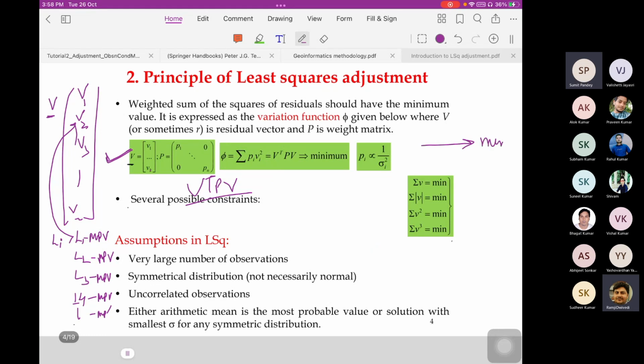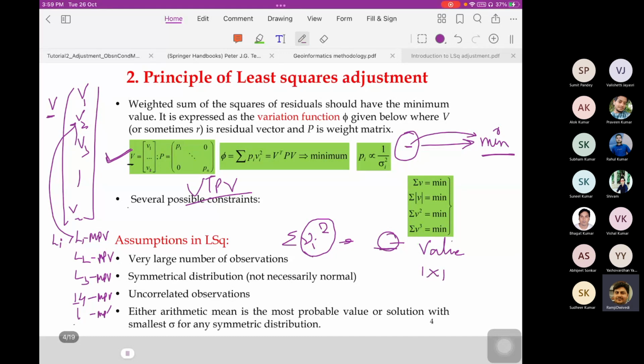When you write minimum in a function like this, you try to minimize a particular value that is coming out as a certain value, isn't it? In an iterative fashion, you want this value to be minimized. So when I say summation of vi square, that means after squaring these residuals and adding up, this would give us a single value.